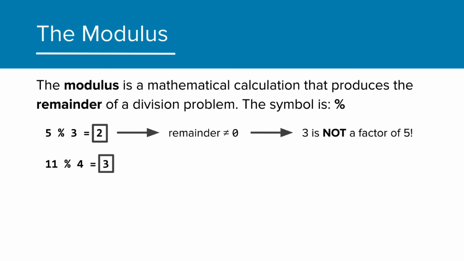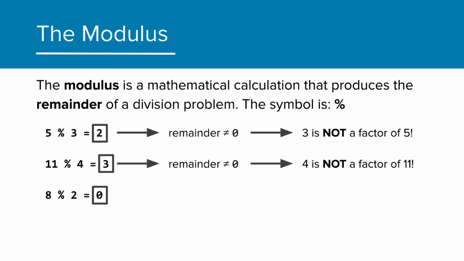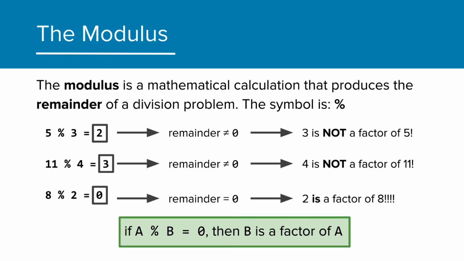And 11 mod 4 is 3, so the remainder is not 0, and therefore 4 is not a factor of 11. And 8 mod 2 is equal to 0, so the remainder is 0, and therefore 2 is a factor of 8. In general, we can say if A mod B is equal to 0, then B is a factor of A.